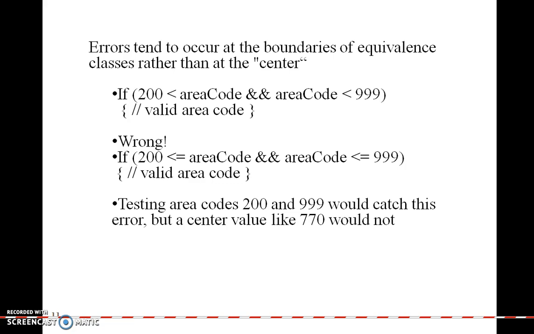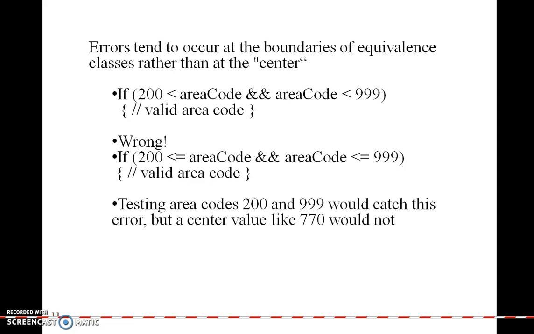Okay, you can consider some more examples here. If the area code for a particular area is 200 to 999, it should be greater than 200 and less than 999. Then, instead of using less than, if a programmer uses less than or equal to, even though 999 is not a valid input, it is considered a valid input for this functionality.